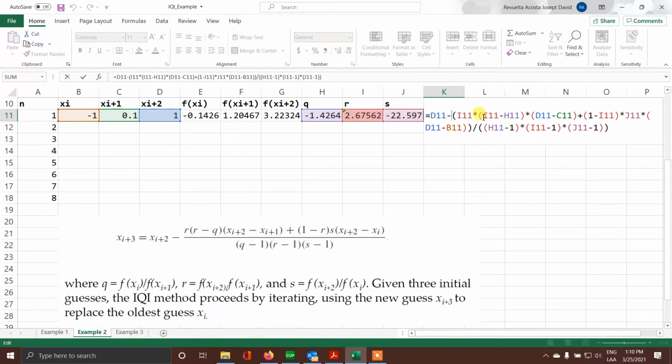So it's fine. And if I check this again, this one is xi plus 2 minus R, which is this one, times R minus Q, which is this one, and times the xi plus 2, which is the blue one, minus the xi plus 1, which is 0.1, this column, and then you have the other one. So I'm assuming that this is actually correct.